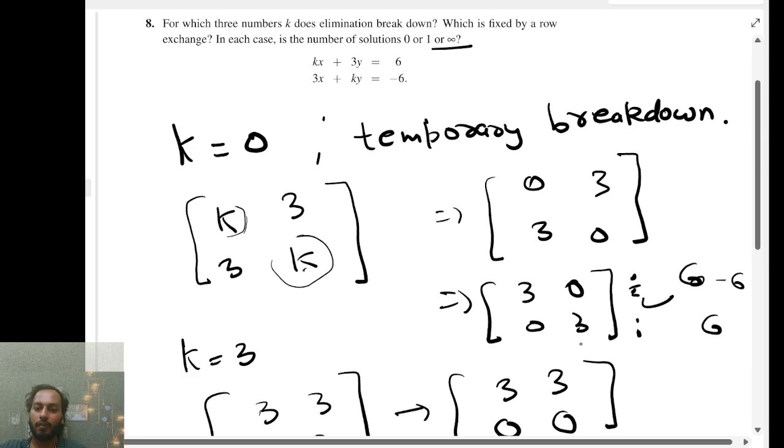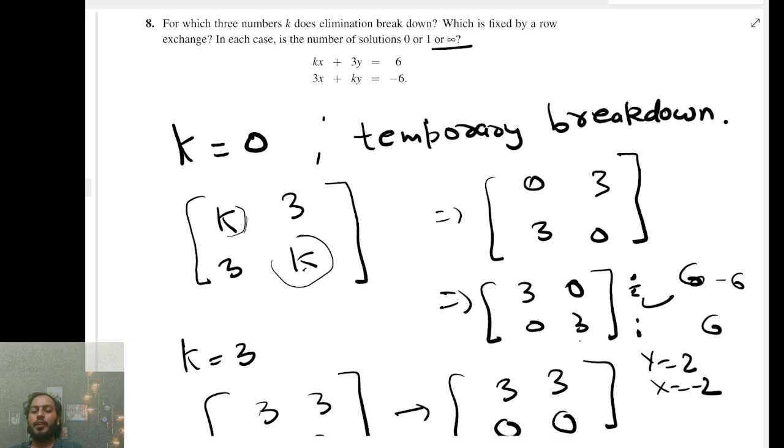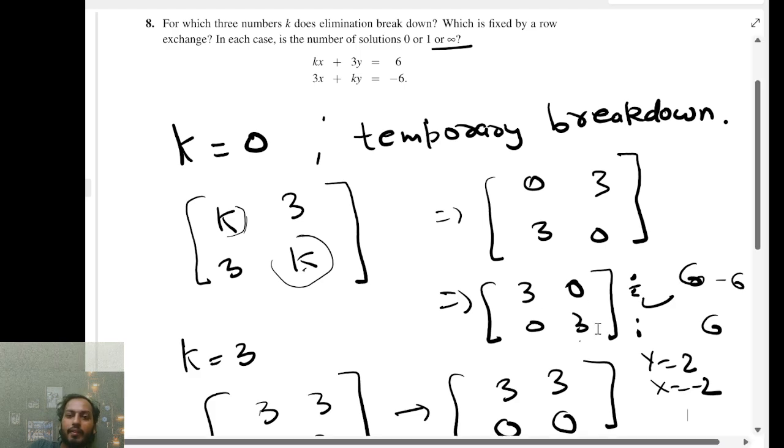How many solutions do they have? If you solve it here, the y value is 2. If you solve it here, what's the x value? 3x is minus 6, so the x value is minus 2. Are you seeing that? This is the only solution. If 3y should be 6, y should be 2, and if you put it above, I think this is only one solution in the case of temporary breakdown.